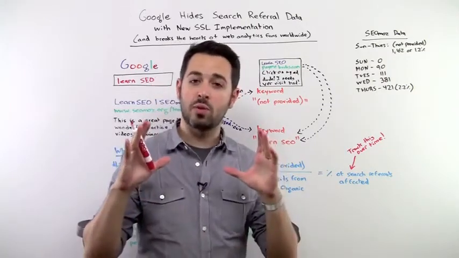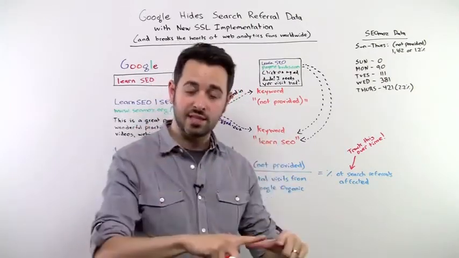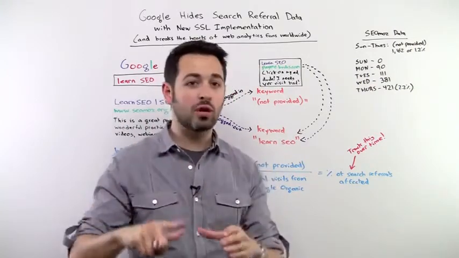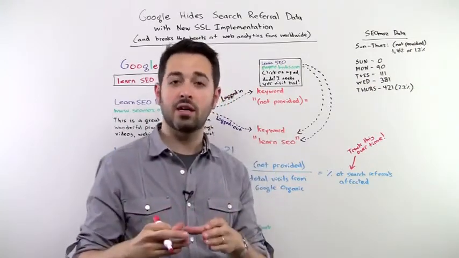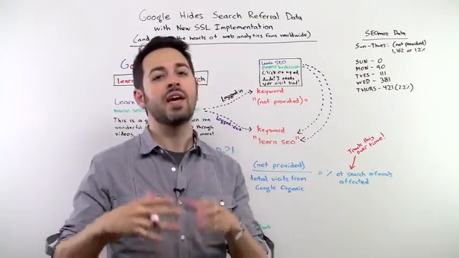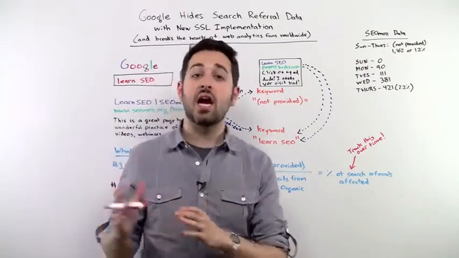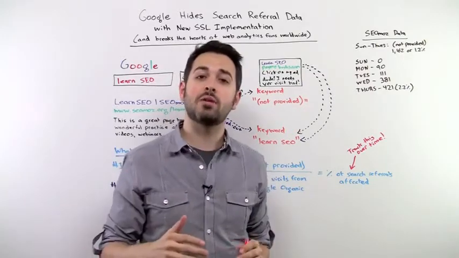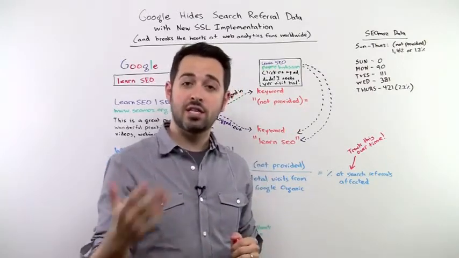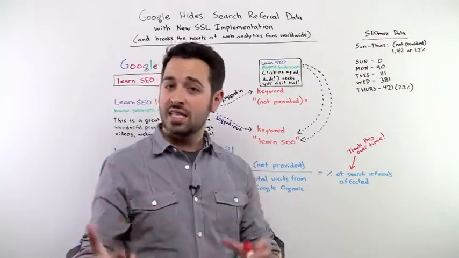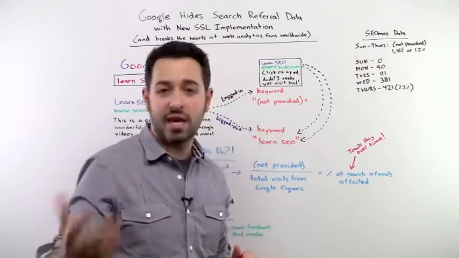I want to try in this whiteboard video to explain why this has happened, what Google is doing and why they claim they're doing it, and then also explore some of the reasons that they might actually be doing it, and try to provide some actionable information about what folks in the web analytics and SEO spheres can do since this data may become less available.